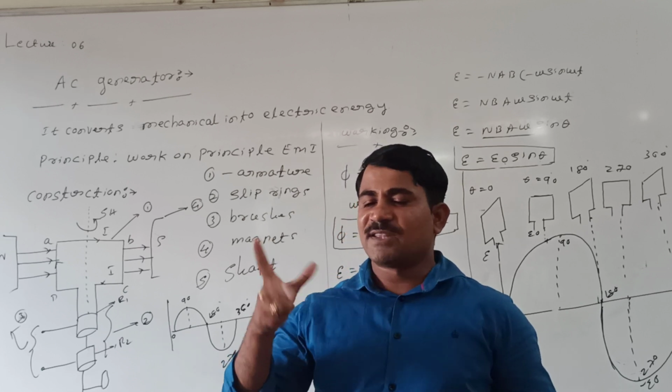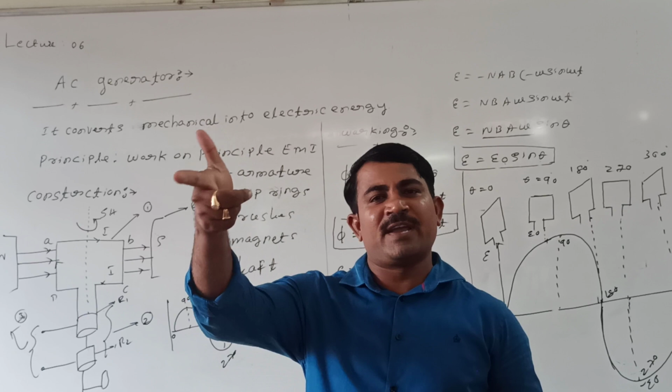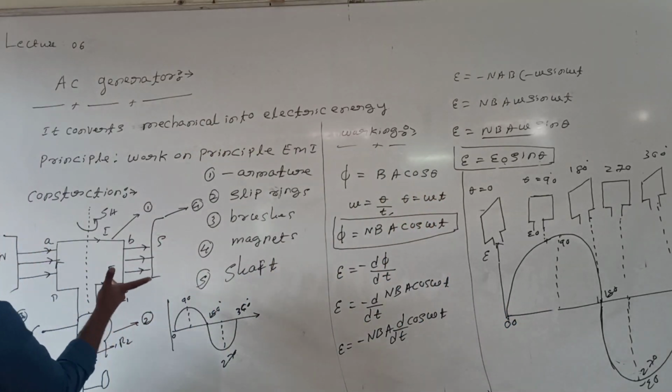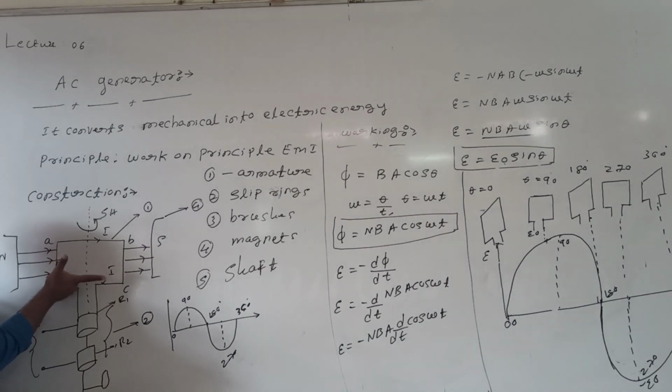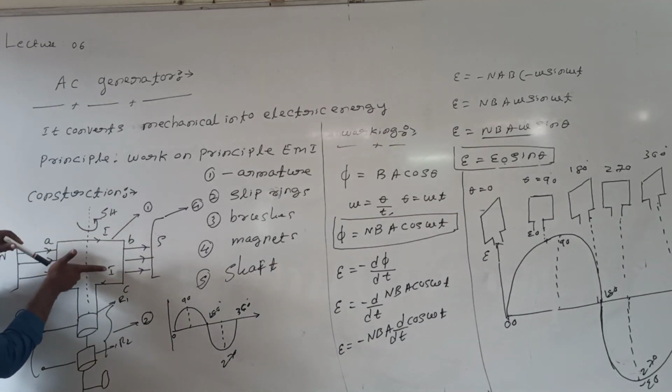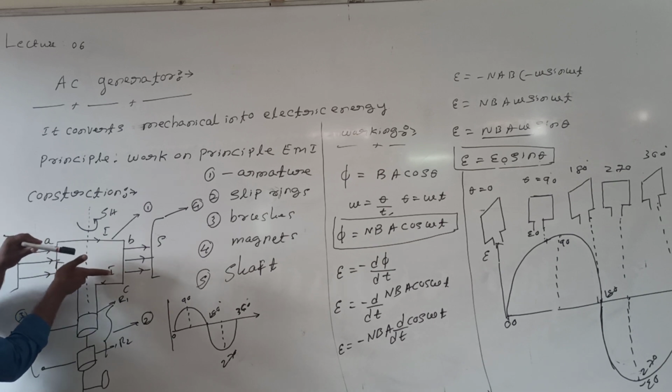Already we know the three fingers of the right hand, thumb, forefinger, middle finger, stretch in such a way that one indicates the direction of magnetic field, one indicates the direction of current and one indicates the direction of rotation of the coil.